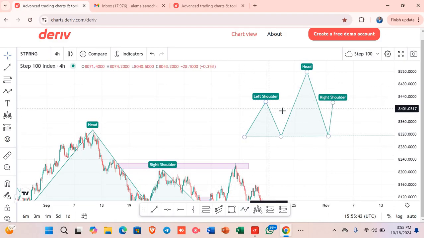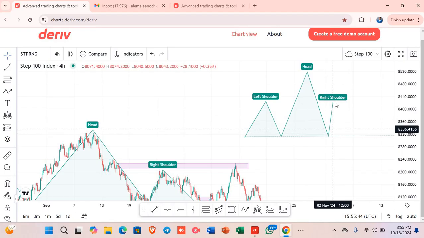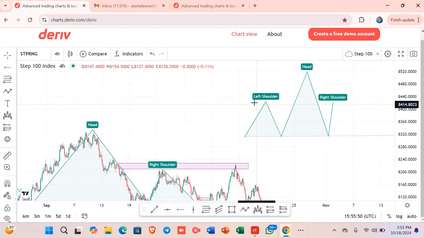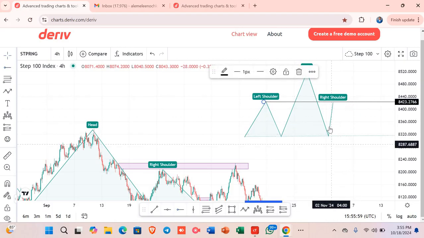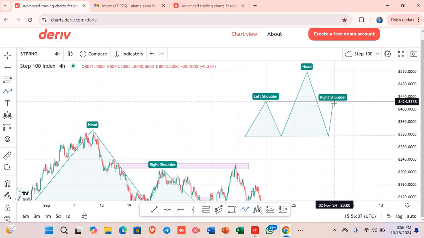Once you see the left shoulder, the head, and then the second shoulder forming, you target. You can put a horizontal line on the head or on the top of the left shoulder to guide you. The moment price gets to this horizontal resistance line, you take this opportunity to short the market, to sell.